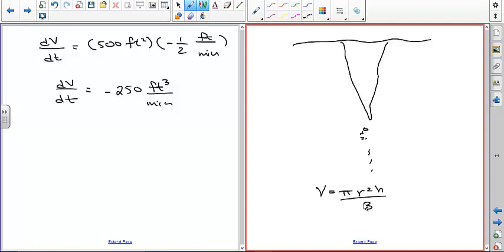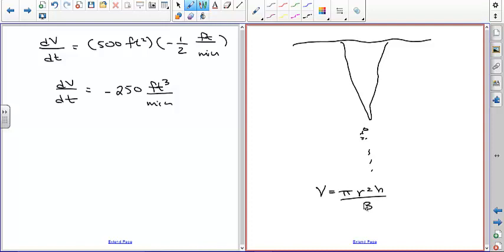So let me see if you give this a try. Take the derivative of this relationship with respect to time, so you'll have pi over 3 multiplied by the derivative of this product. Remember, it's the derivative of the first times the second plus the other way around.